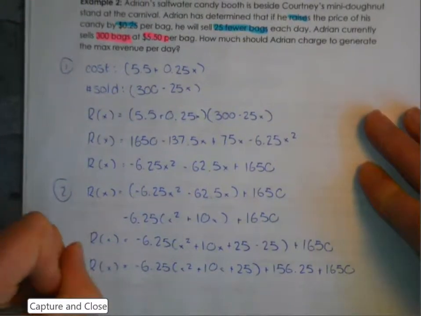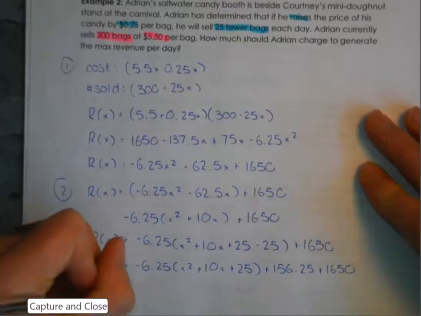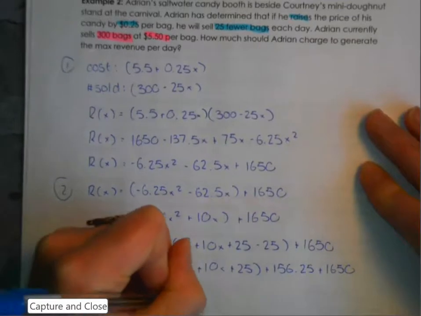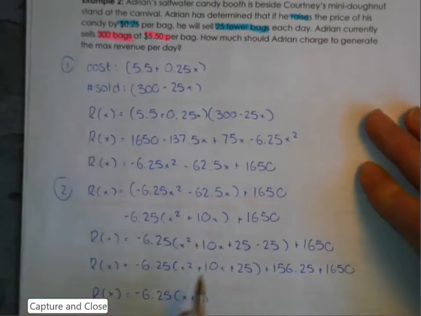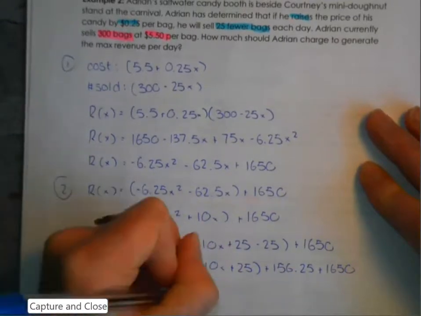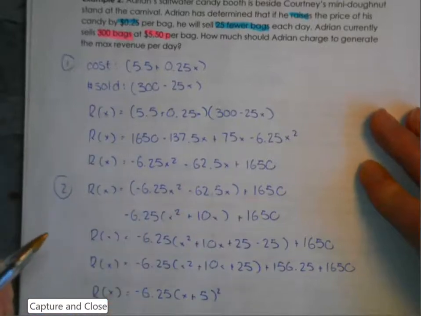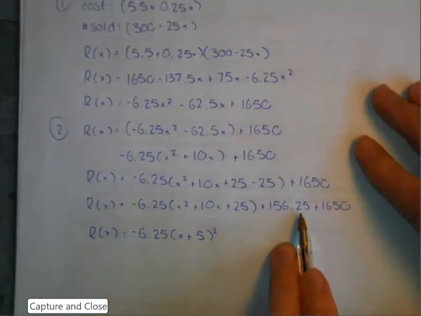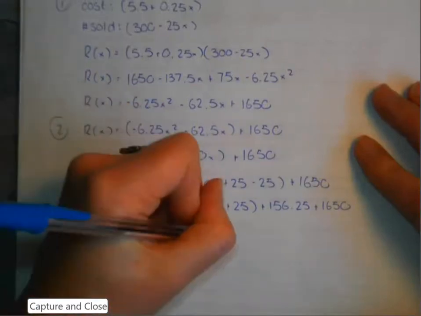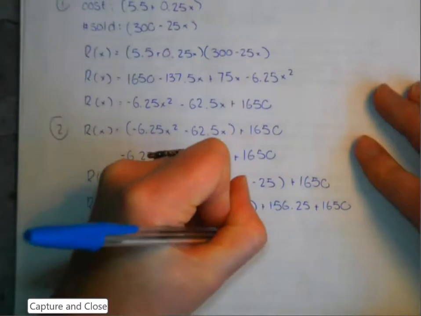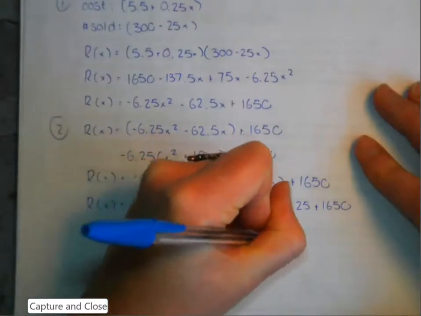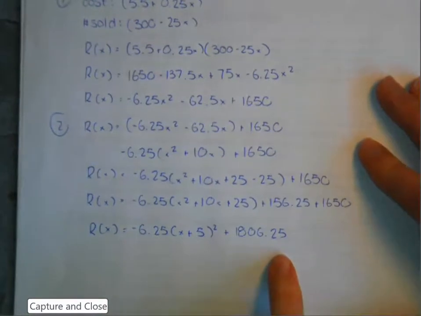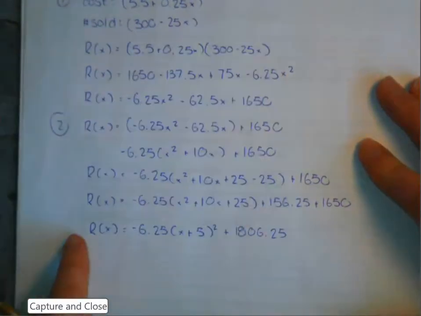So now we can say R(x) is equal to negative 6.25 times (x plus 5) squared, plus 156.25 plus 1650, which gives us plus 1806.25.